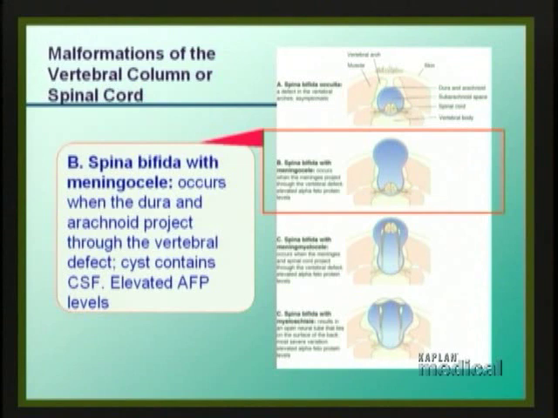But since this is a dorsal midline body wall defect, elevated levels of alpha-fetoprotein will be detectable during amniocentesis. But this is a condition where, as you see in image B here, the spinal cord develops normally and is in its normal position adjacent to the bodies of lumbosacral vertebrae. So this condition is not going to result in any neurologic symptoms.